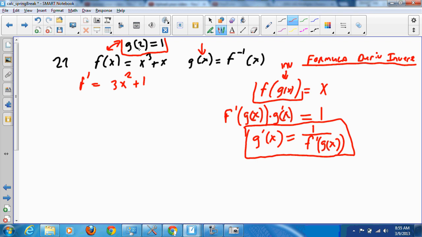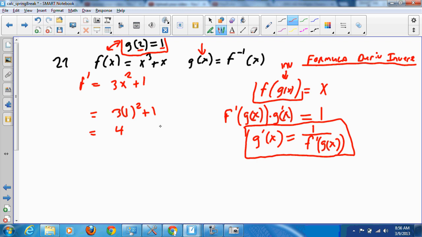That means this is the y value for the original function, and this is the x value for the original function. So let's plug in, not 2, but 1: 3 times 1 squared plus 1. Of course that equals 4.